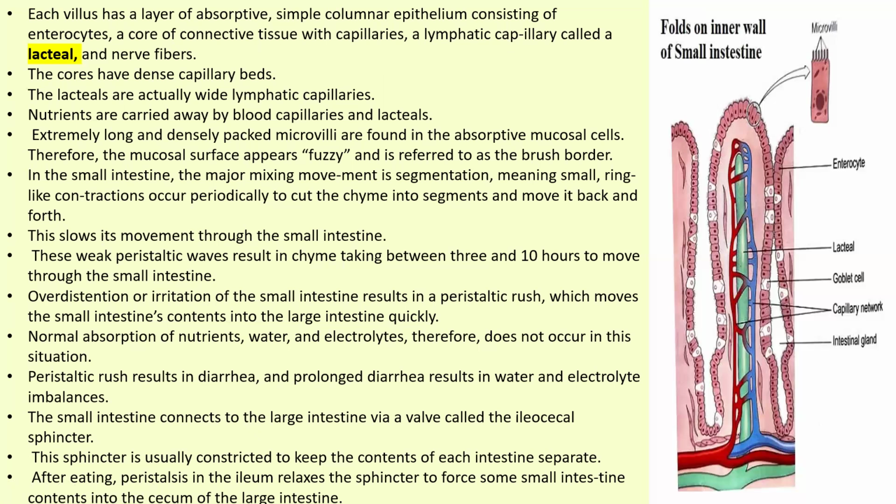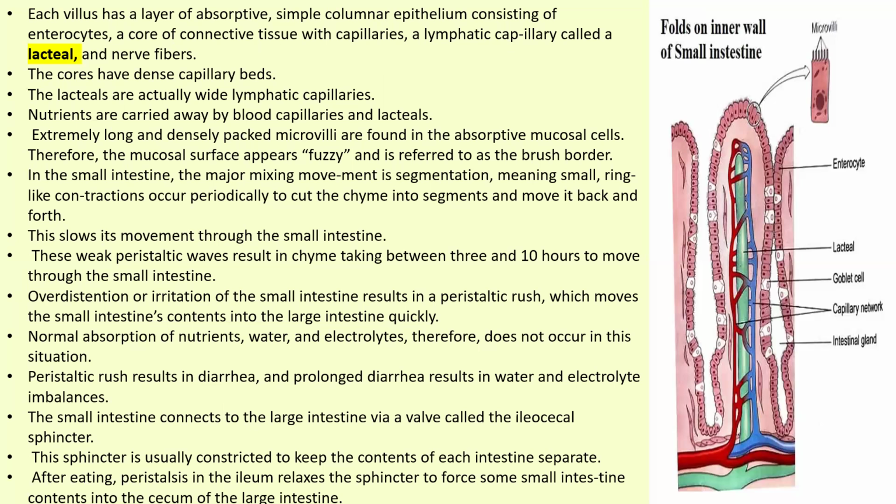Normal absorption of nutrients, water, and electrolytes therefore does not occur in this situation. A peristaltic rush results in very fast transit, causing diarrhea, and prolonged diarrhea results in water and electrolyte imbalance.